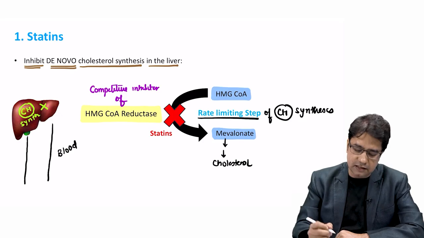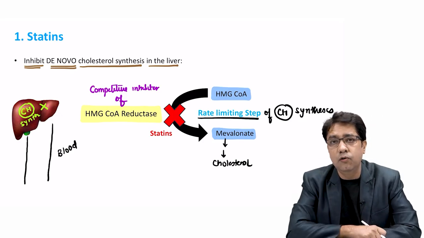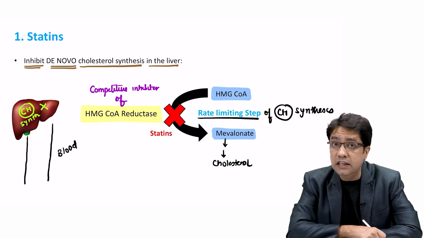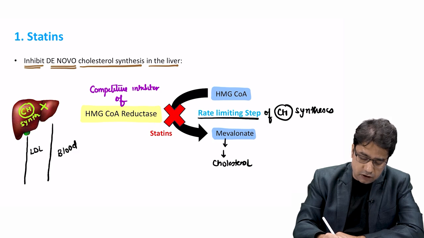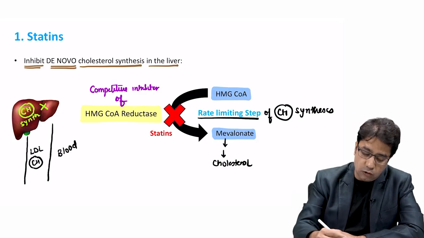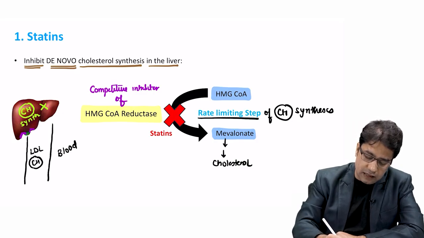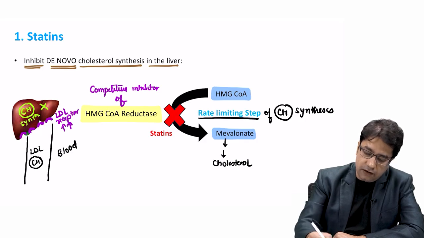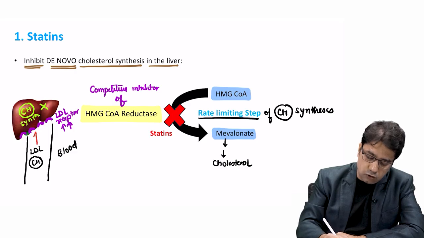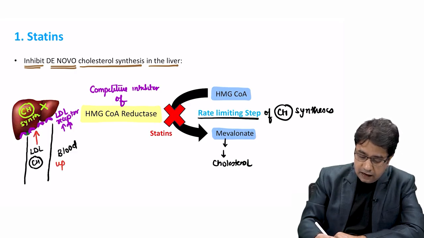And we just discussed which molecule donates cholesterol to each and every body cell. Yes, that is LDL, because LDL contains cholesterol. So slowly the LDL receptors on the liver cells will increase because liver will try to take LDL from the blood, which will lead to LDL uptake from the blood.